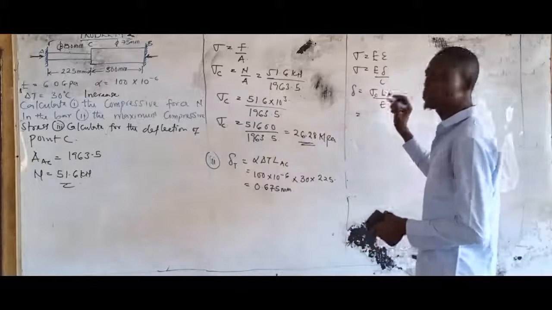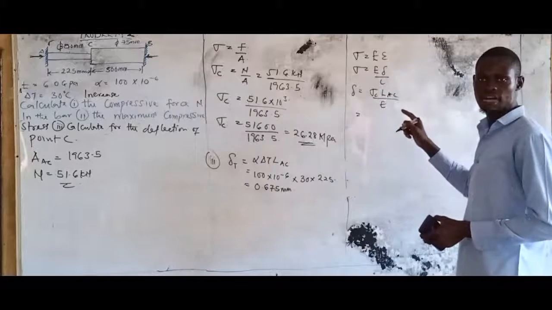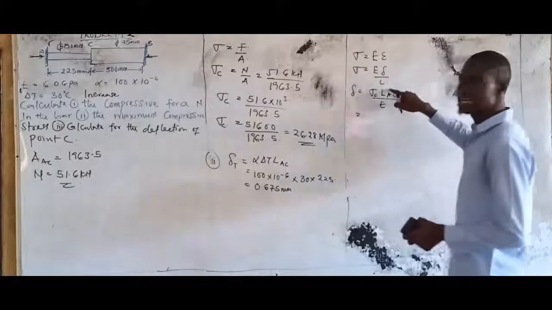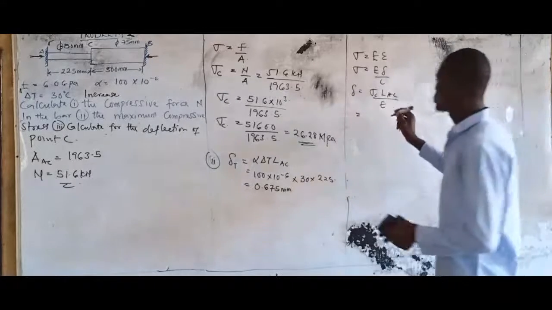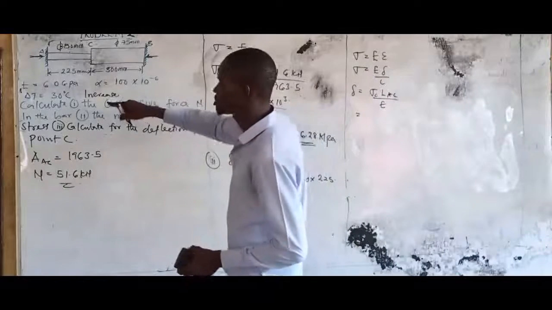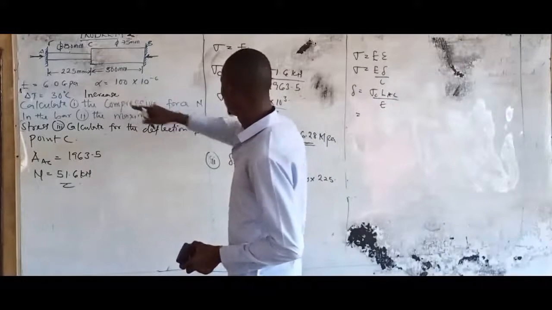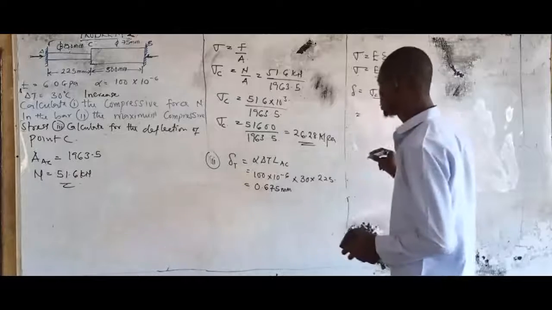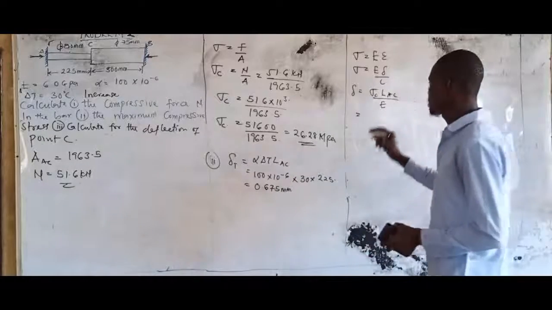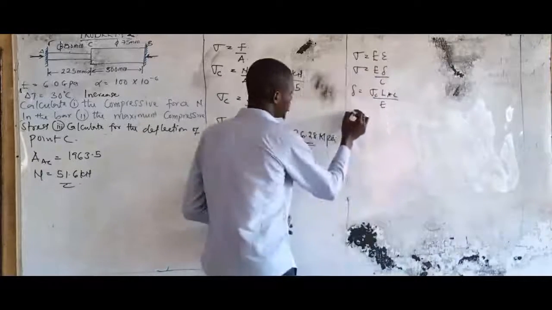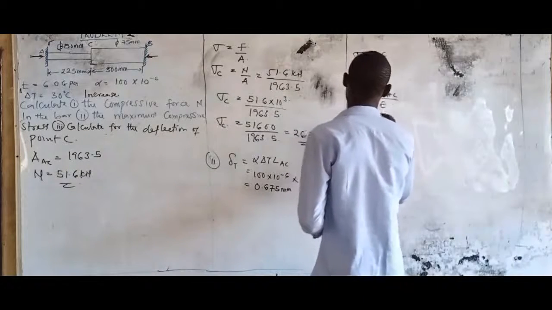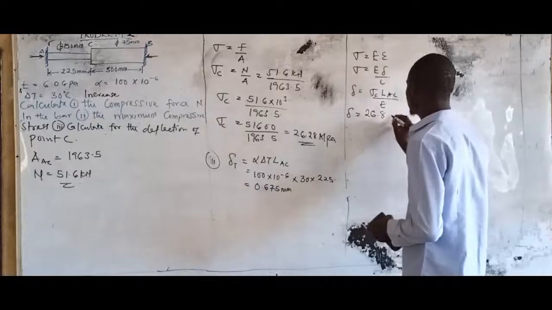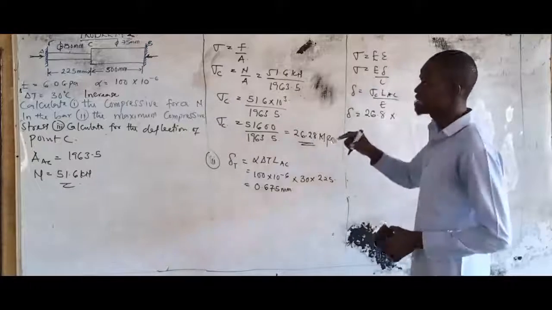Now, I should be having the stress, which is the maximum compressive stress there, times the length AC over Young's modulus. The maximum compressive stress in this material is 26.8 megapascal, whereby my deflection due to the stress is 26.8 multiplied by the length AC.